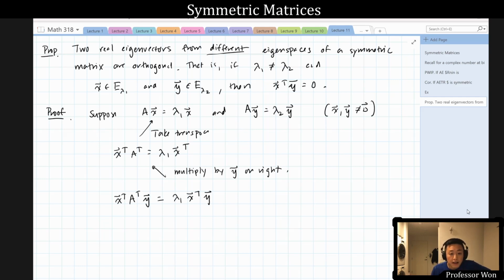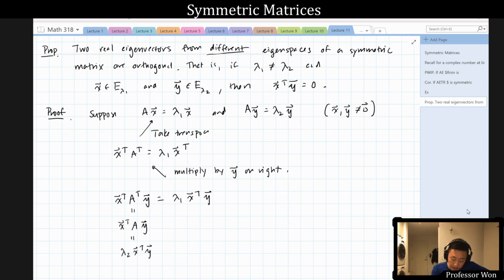But A transpose is the same thing as A, because A is symmetric. So this is equal to x transpose A y. But now since y is an eigenvector of A, this is just lambda 2 x transpose y.